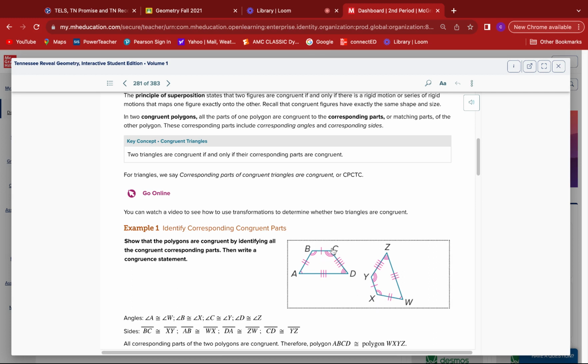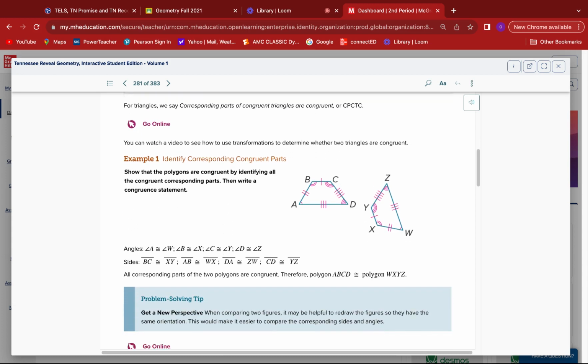If they say C third, then they have to say Y third. And if they say D fourth, then they have to say Z fourth. It can go in any order, but usually they like to go clockwise. So if this is figure ABCD, then it has to be congruent to figure WXYZ in that order. So order matters. Those are your corresponding parts.